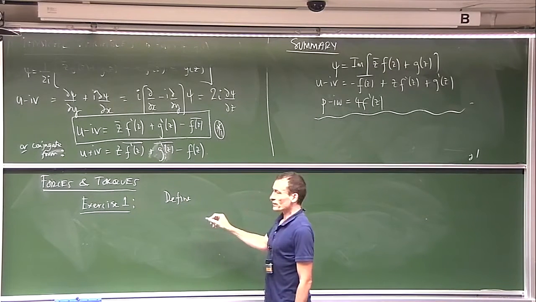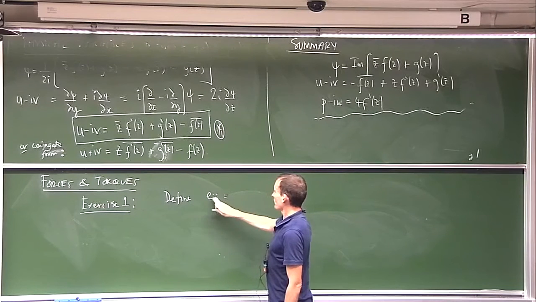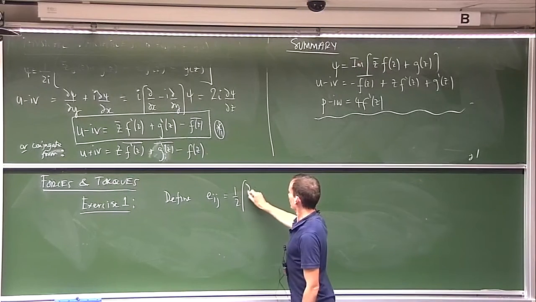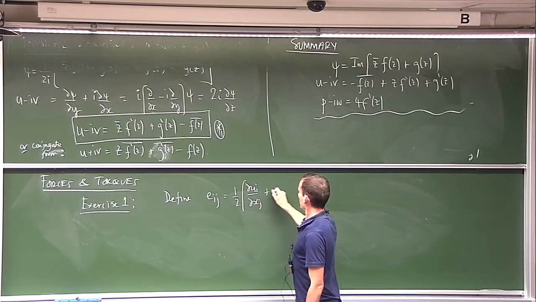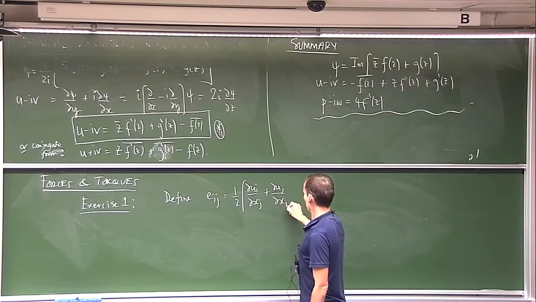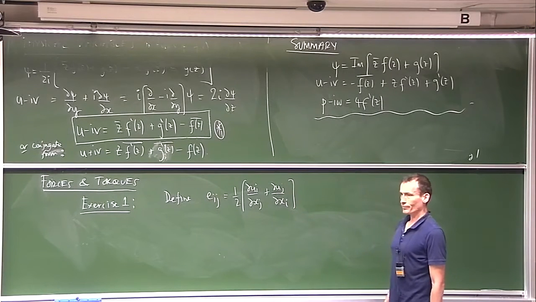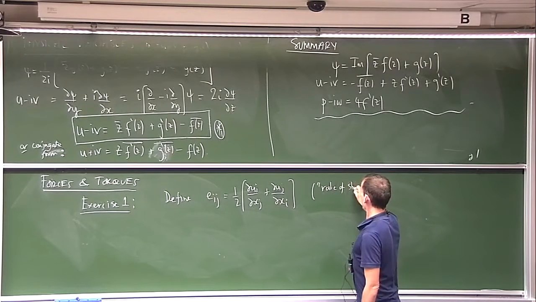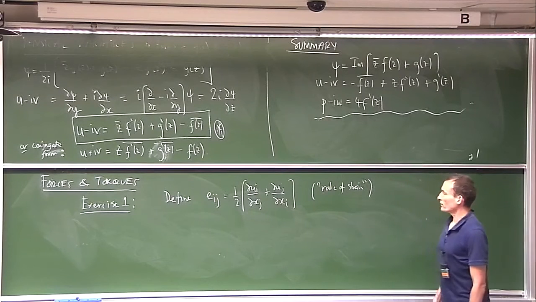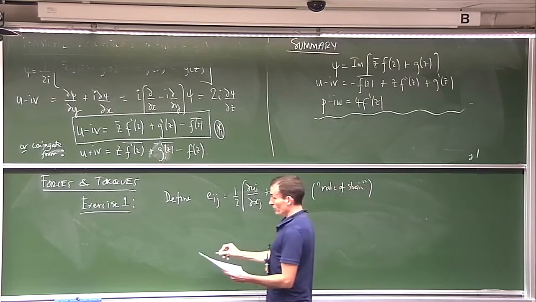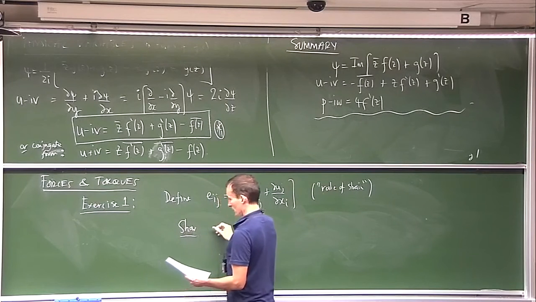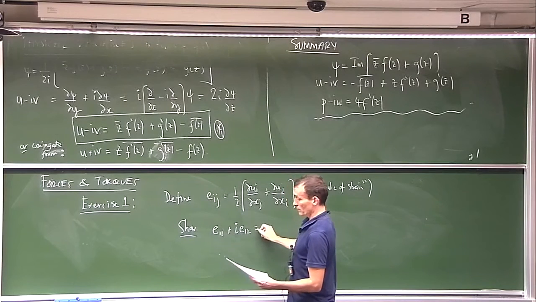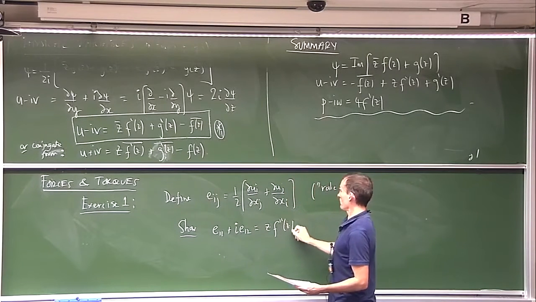If you're a fluid dynamicist, you will have seen this tensor before. It's called the rate of strain tensor in fluid mechanics, and it turns out that you can show, this is the exercise, that E11 plus I E12 is ZF bar bar prime bar.